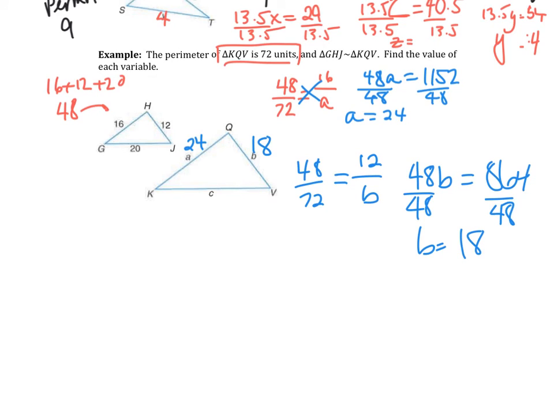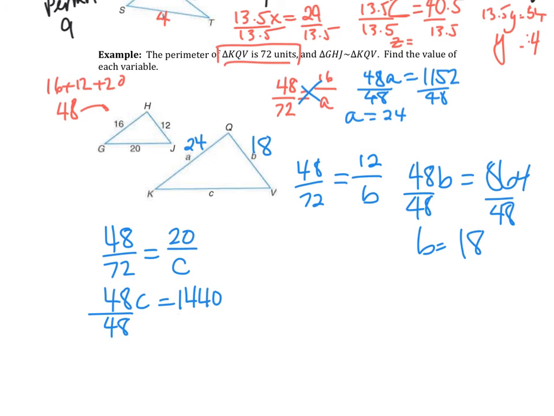And then the last side, again, we go back to that first ratio, 48 over 72 is equal to 20 over C. So 48C is equal to 72 times 20. 72 times 20 is 1440.